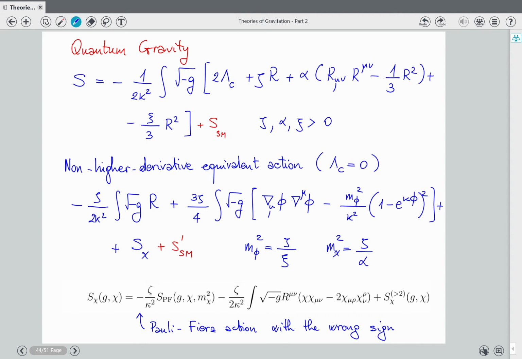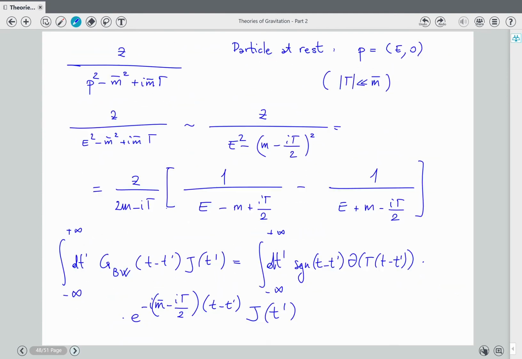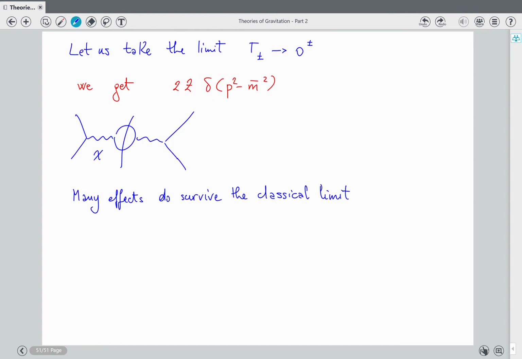So basically what you have to do for the classical limit is take only tree diagrams without fake particles as external legs.